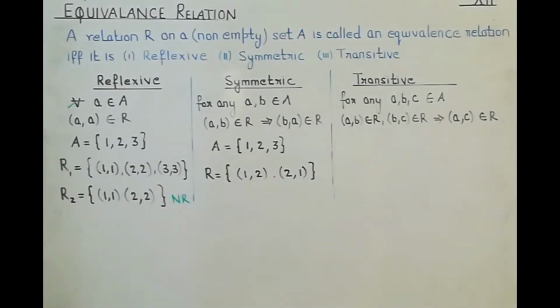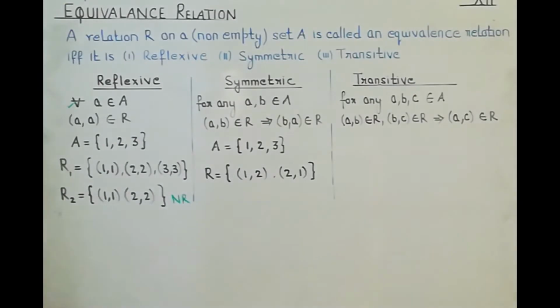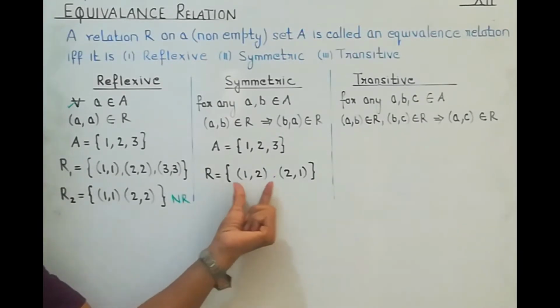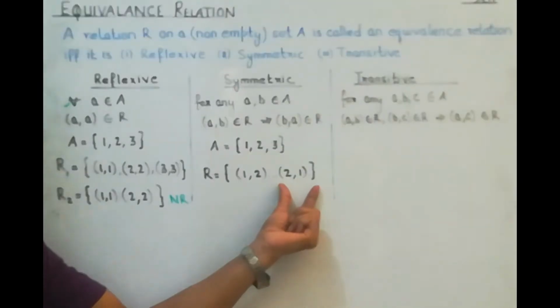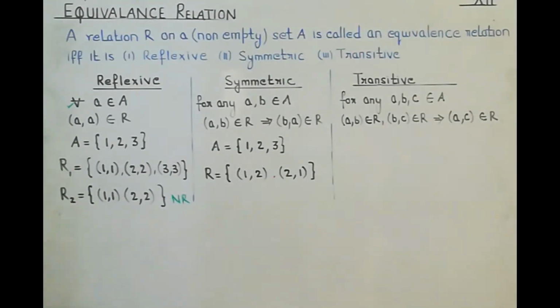Because according to the definition, it is for any two elements, not for all the elements. It may be for all the elements, but if you find any two elements satisfying this condition, that means, as you know earlier, every ordered pair appearing in the relation must have its mirror image pair with it.